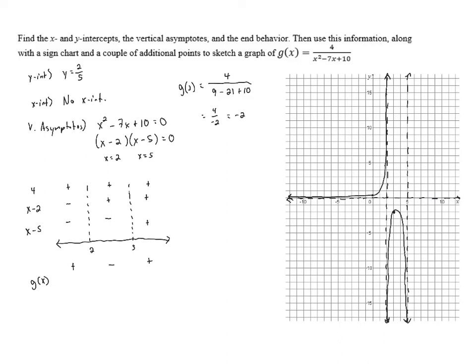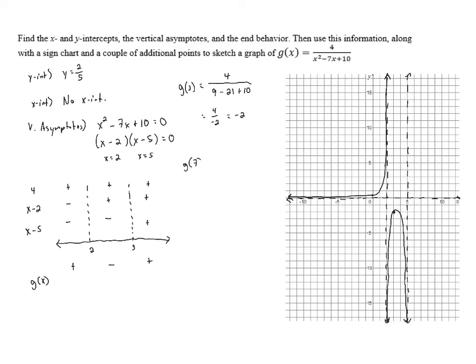Now on the last interval the function is only positive, so it never goes below the x-axis. The only way this can happen while keeping the asymptotes is to start above, to go down, and then move over to the right. But let's get a point somewhere in here to figure out how close we actually get to this corner. So I'm actually going to pick 7 to see what the height of the function is there.